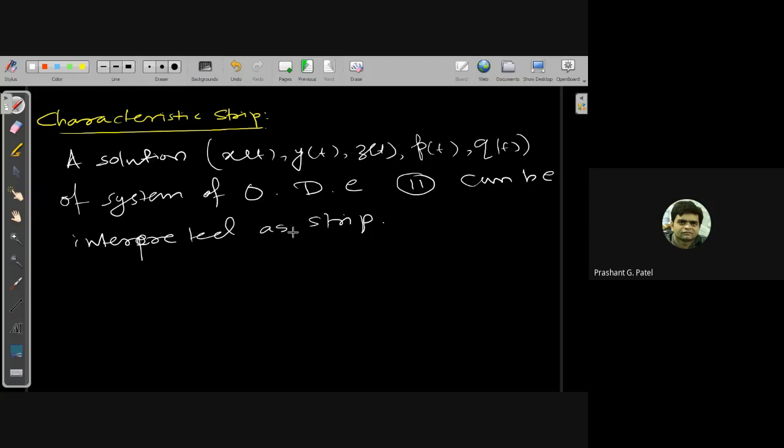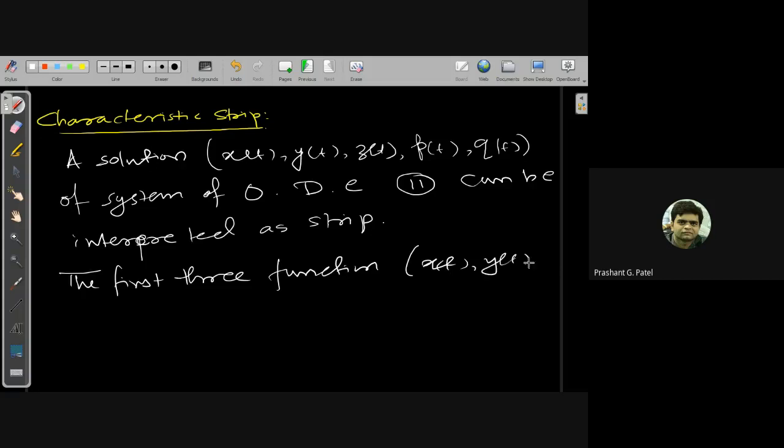The first three functions, that is x of t, y of t, z of t, determine the space curve.